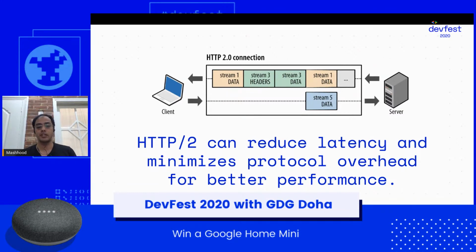You don't have to do much except upgrade your server, and you immediately get benefits in terms of reduced latency and reduced protocol overhead, because all of the communication happens through streaming and the connection is reused for multiple files. So you don't have to connect again and again to the server. This is super useful, and again, a very minor difference can have a larger compounding impact in the long run.